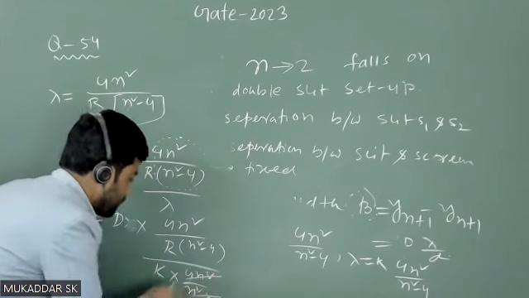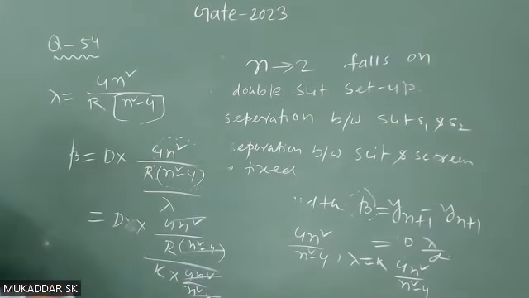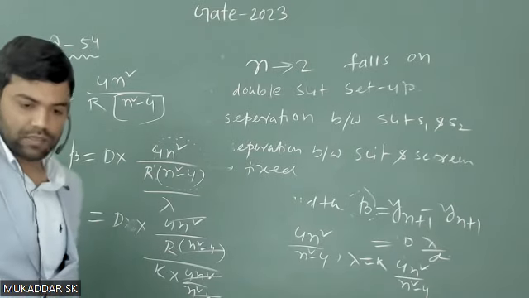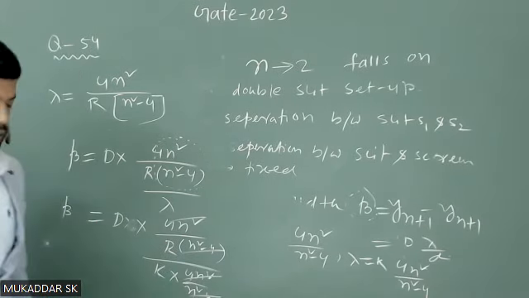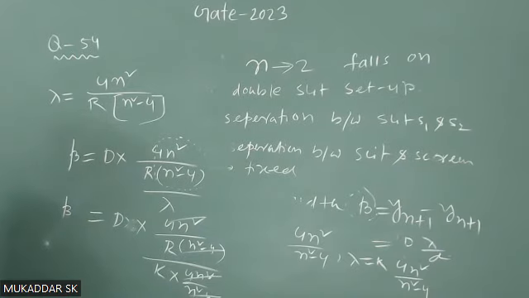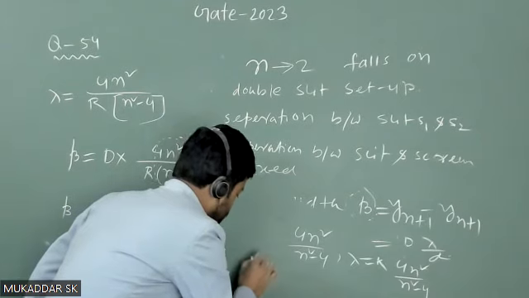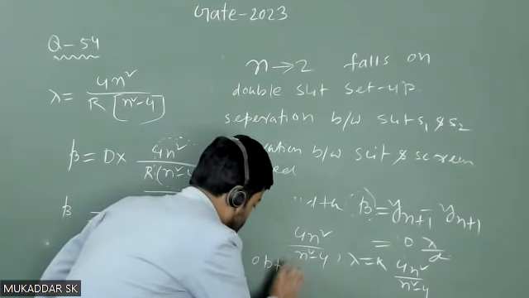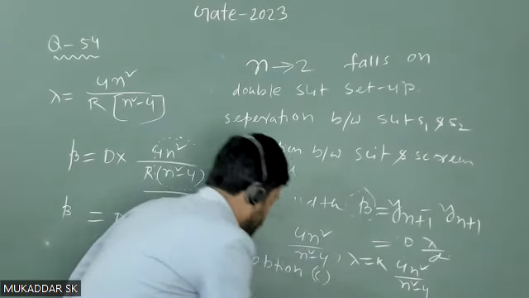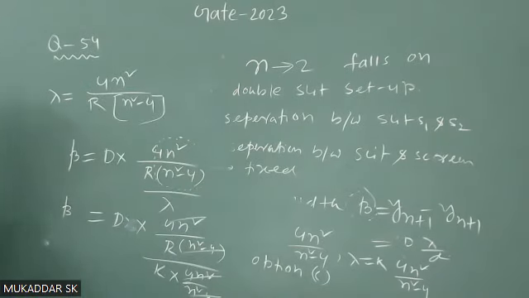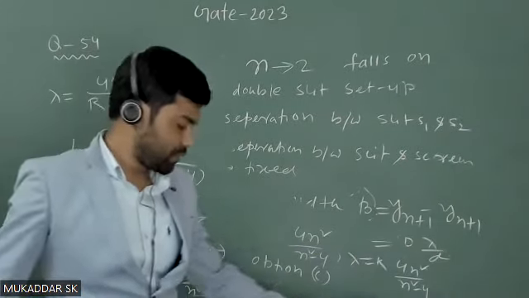So this will be cancelled, and I'll get beta constant, D by Rk. R is constant, k is constant. So according to the given options, option C will be correct. So d should be multiplied by 4n square by n square minus 4.